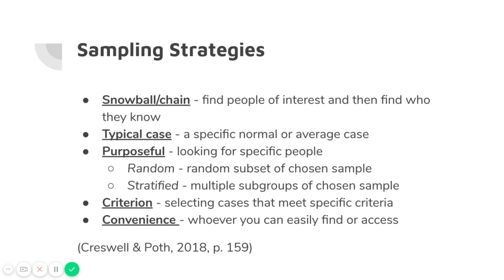So you'd have to look for specific people that meet your criteria. And then a convenience sample is really whoever you can easily find or access. And that can save time and money, but may not always give you the most clear picture of the thing that you're trying to study. So it would just really depend on your methodology.